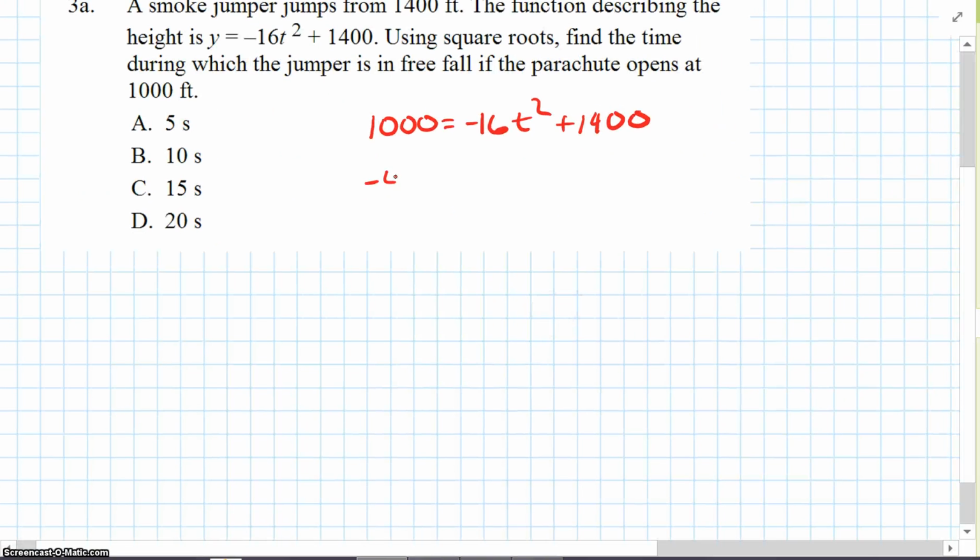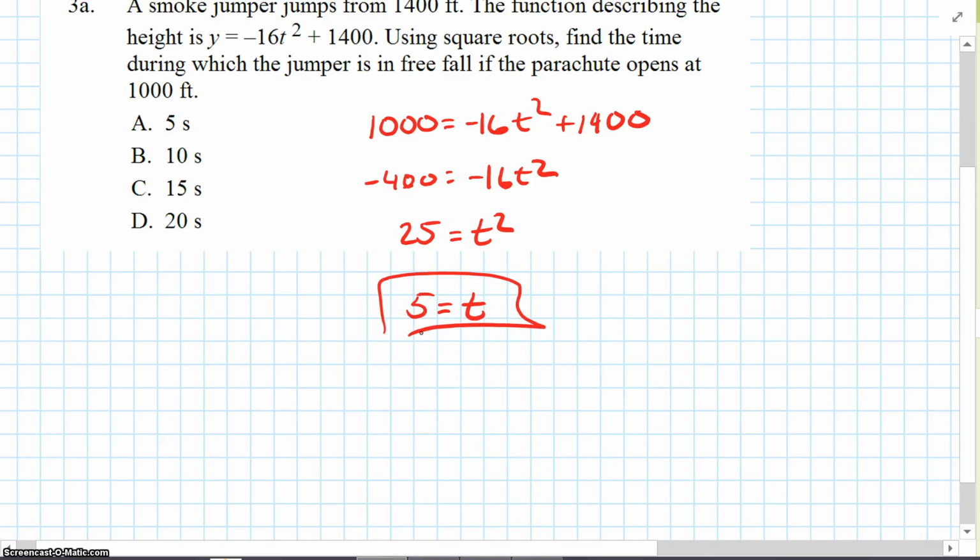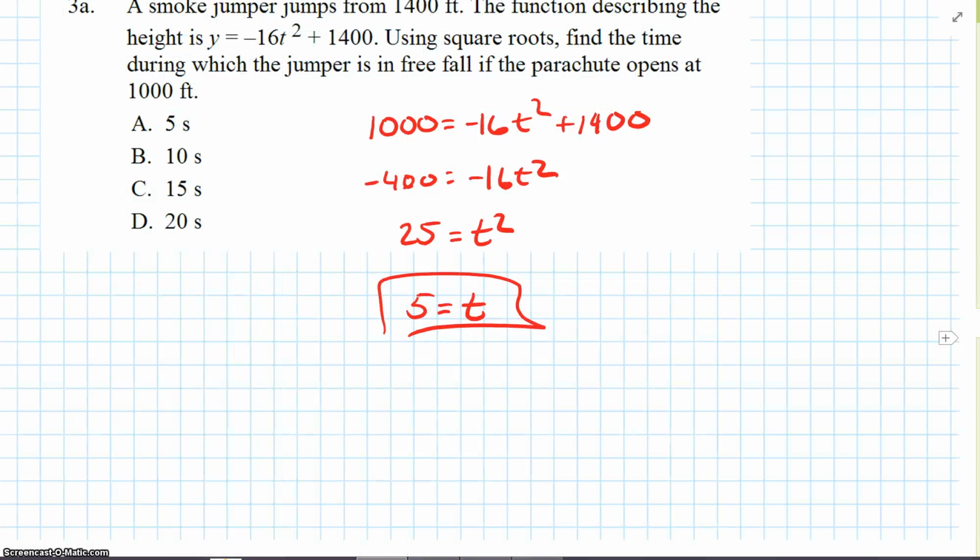You get negative 400 equals negative 16t squared. Divide each side by 16. You're going to get 25 equals t squared. Square root each side, so 5 is going to equal t. Okay? Pretty straightforward stuff. All right.